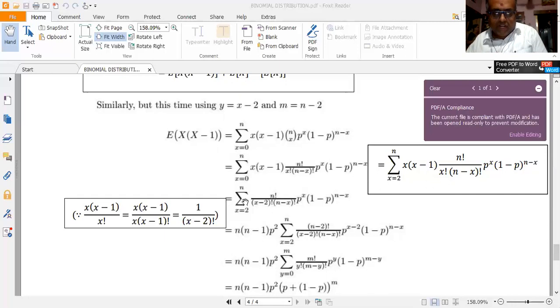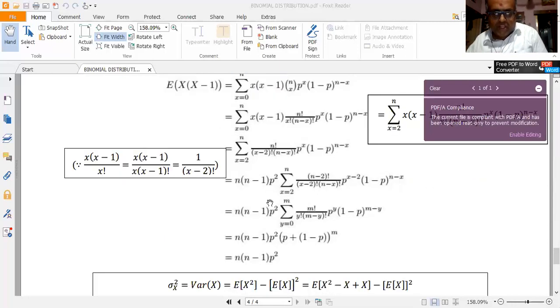Now please note what I am going to do in the next step. I shall put this p to the power of x, which can be written as p to the power of x minus 2 plus 2. For brevity and for simplification purposes, I am going to do this addition.